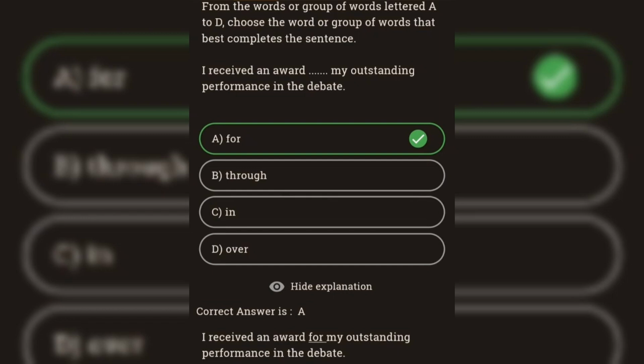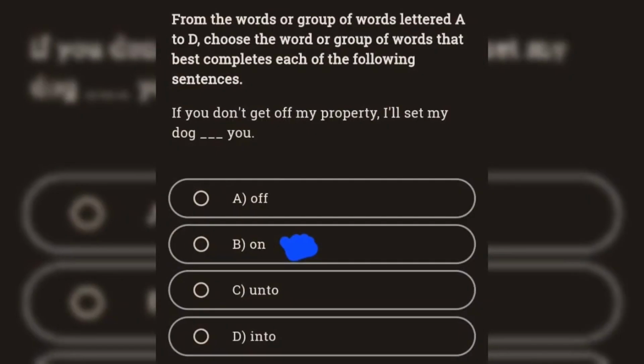Okay. So the last but not the least example is, if you don't get off my property, I will set my dog on you. So the right answer is on, not off. If you're setting something off another person, then you are not setting it to attack the person.